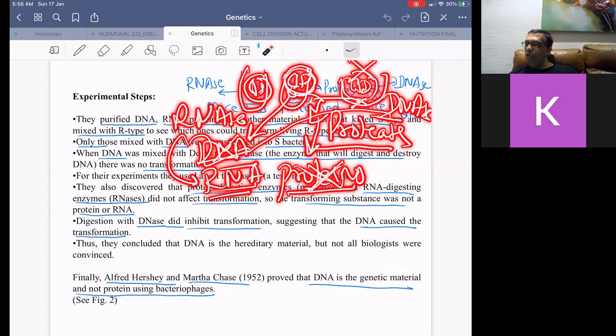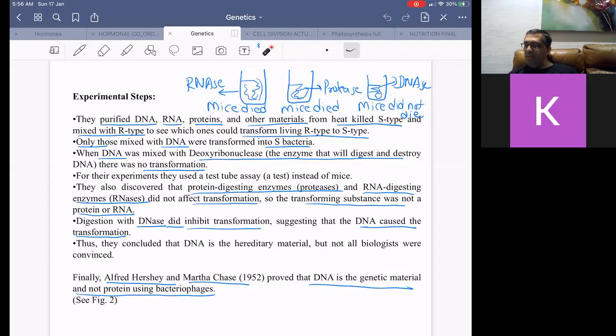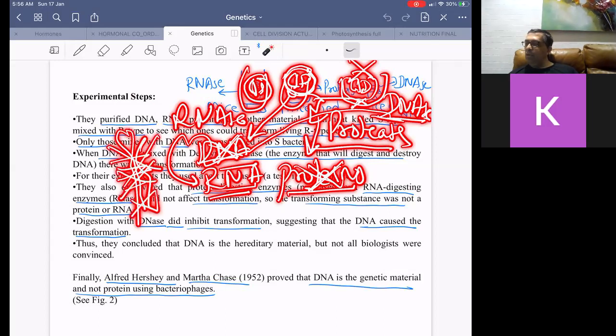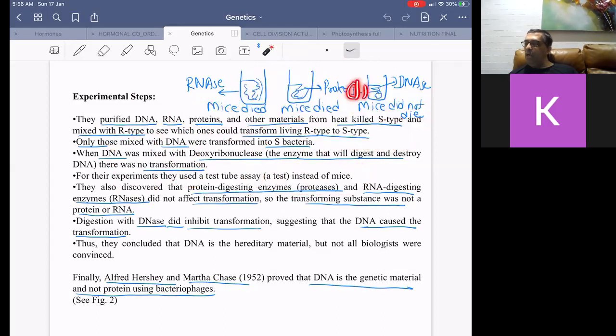When DNA is destroyed, the gene for capsule inside the DNA must have been destroyed, and as the gene for capsule was destroyed, the R type did not get converted into S type, which conclusively proves that not RNA, not proteins, but DNA is the genetic material.